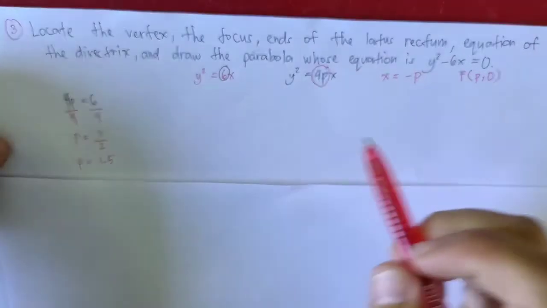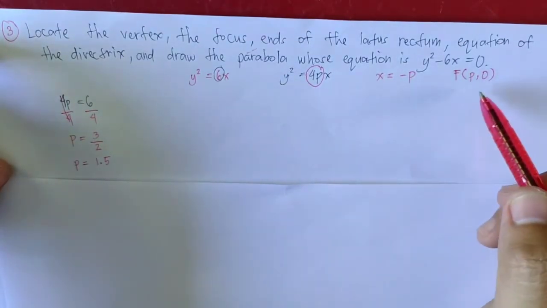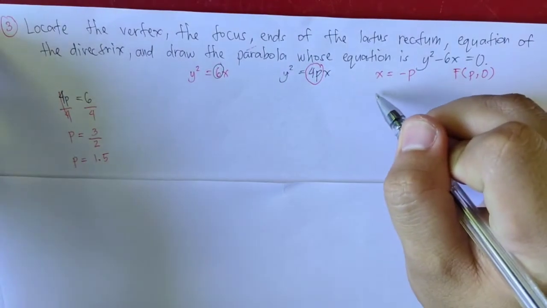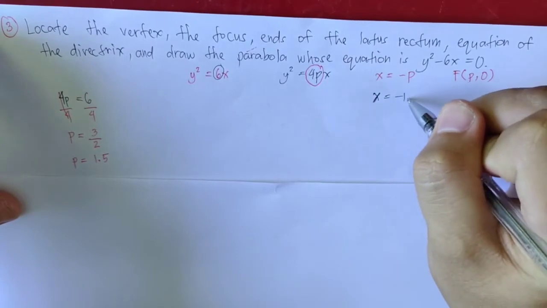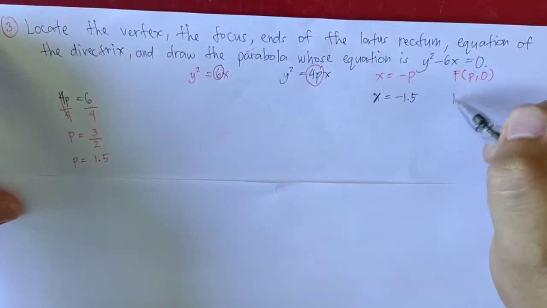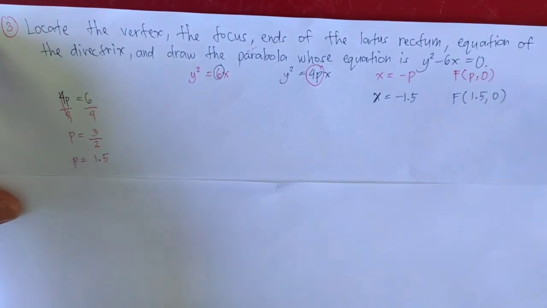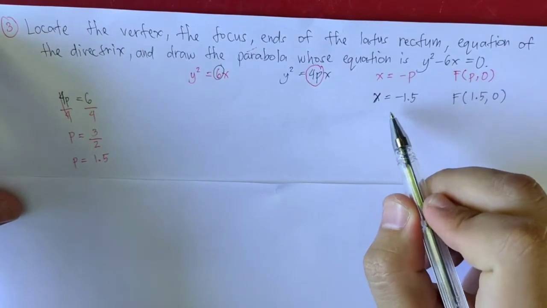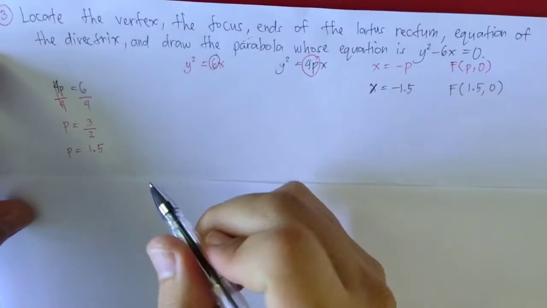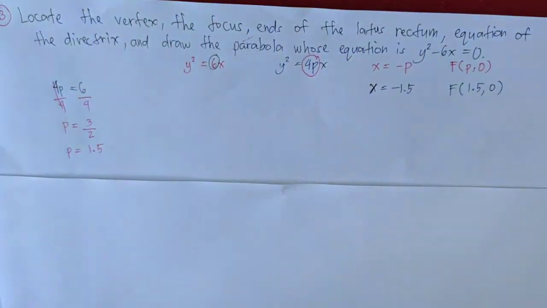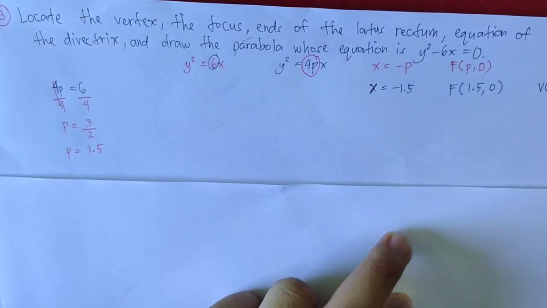Using the value of p, makukuha natin yung equation ng directrix, x is equal to negative 1.5, and yung focus natin is at (1.5, 0). Ano yung vertex natin? Yung origin lang yan, so yung vertex natin is at (0, 0). So kompleto na.